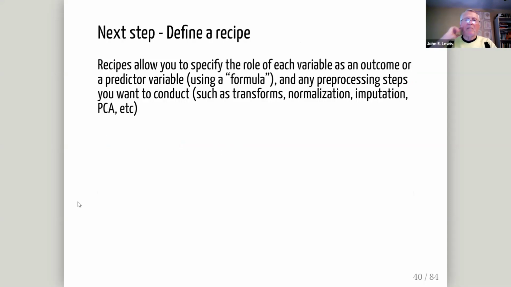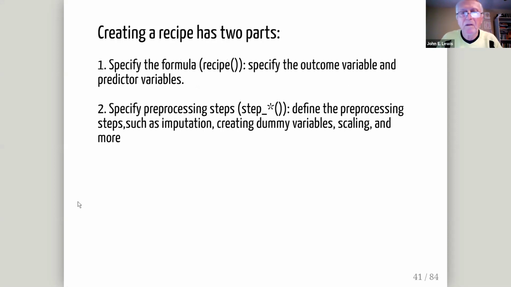So the next step is define a recipe. In this particular case, then we really are doing the pre-processing steps. And the recipe, in the formulation of the recipe, we subdivide it into a formula and into particular steps that either do transforms, normalization, take care of missing data, dimension reduction, or a whole bevy of kind of things that are available to you.